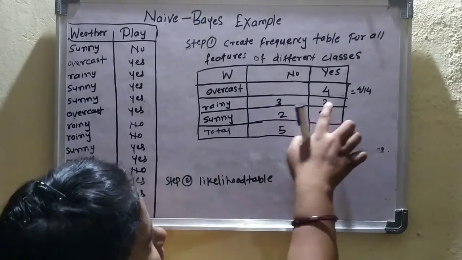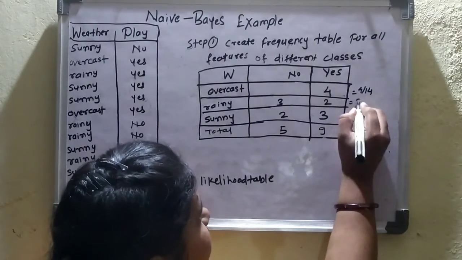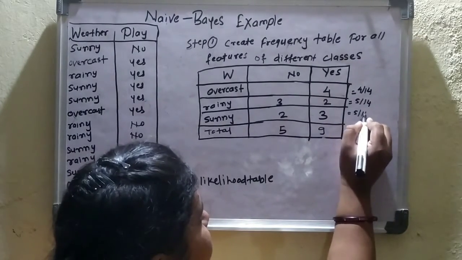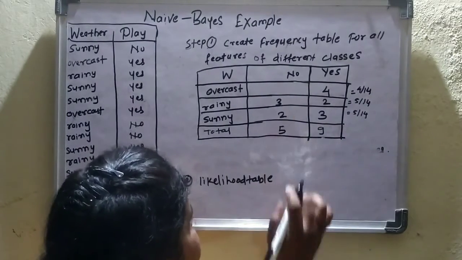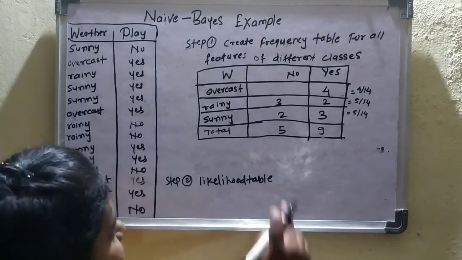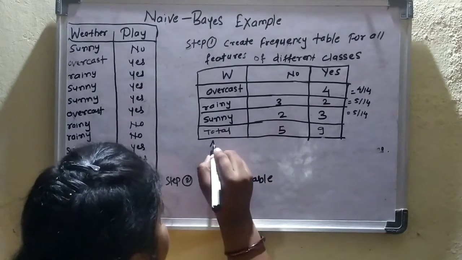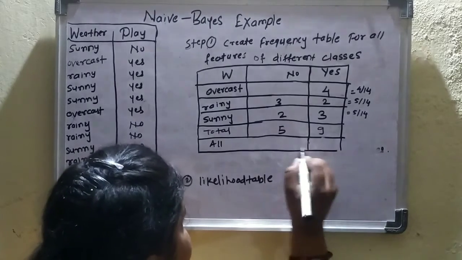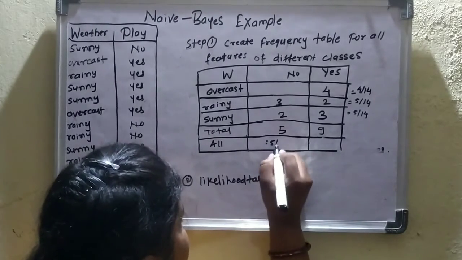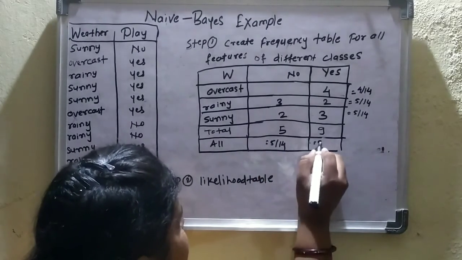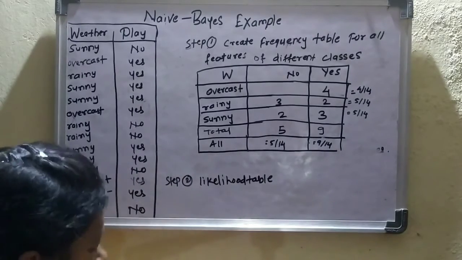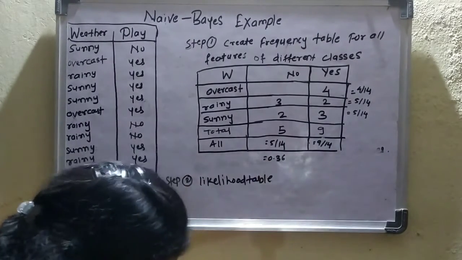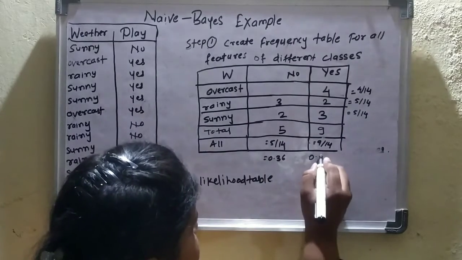Like here there are 3 plus 2, so it will be 5 by 14. Similarly here also 5 by 14. We have calculated the total here, so for all, we have to add a column here. It will be 5 by 14 and 9 by 14. So here we will get almost 0.36 and the value 0.64.